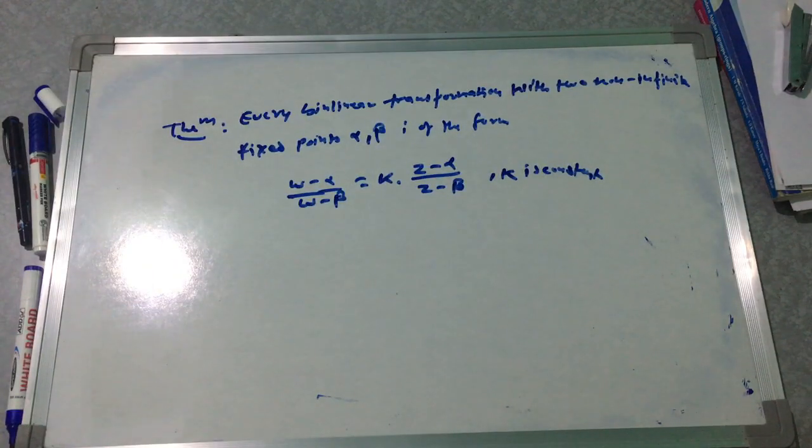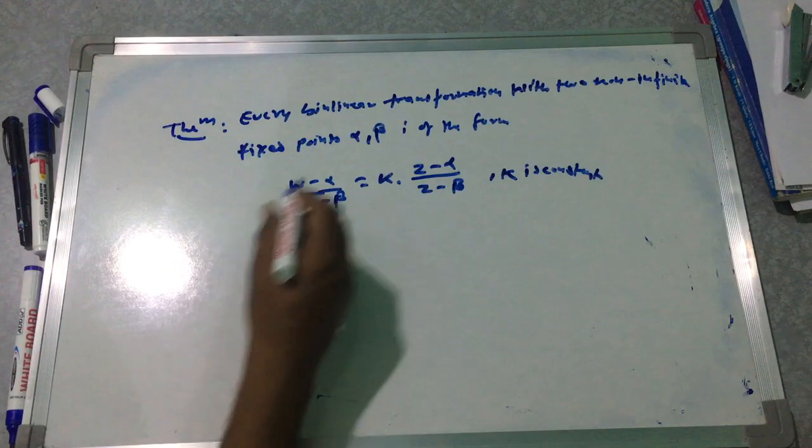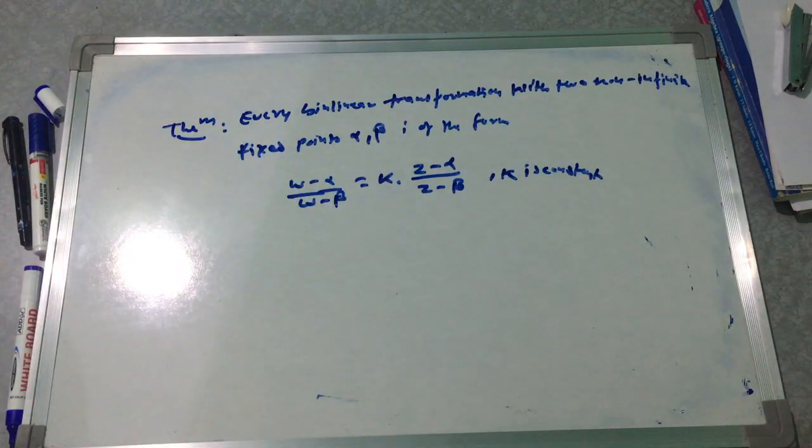So in this manner we have to look into this. Every bilinear transformation with a single non-infinite fixed point alpha can be put in the normal form.